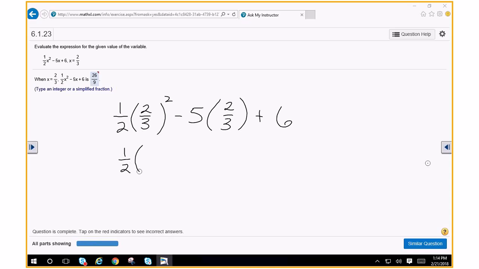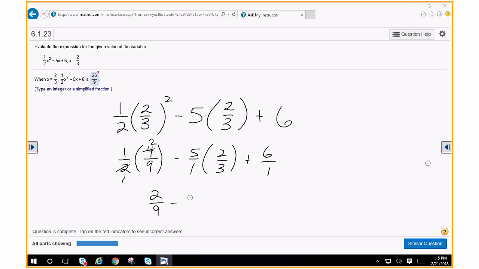Go ahead and do this since it's exponent parentheses. It'd be 4/9 minus 5/1 times 2/3 plus 6/1. And that's going to be 4 over, you can cancel that, 2/9.